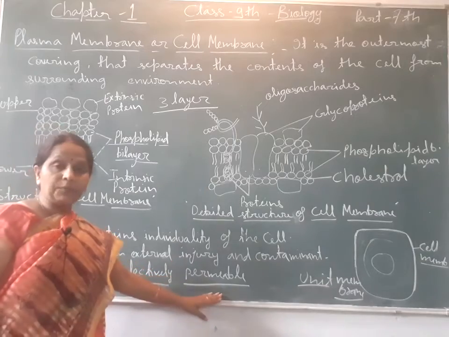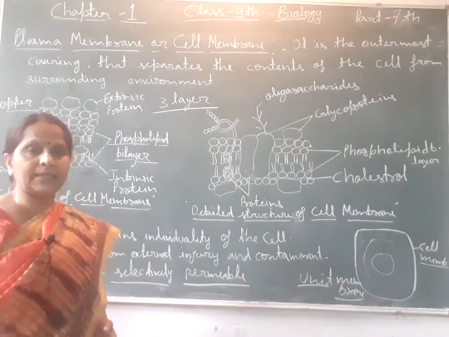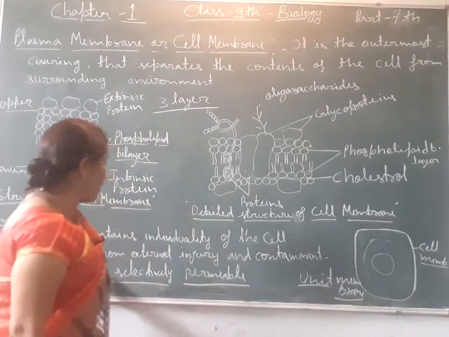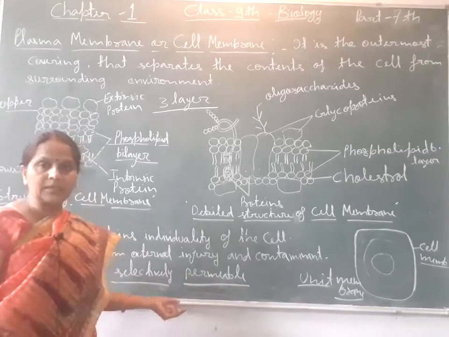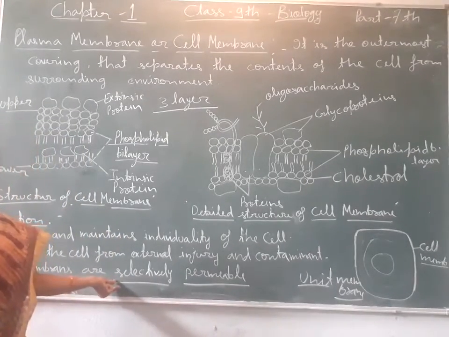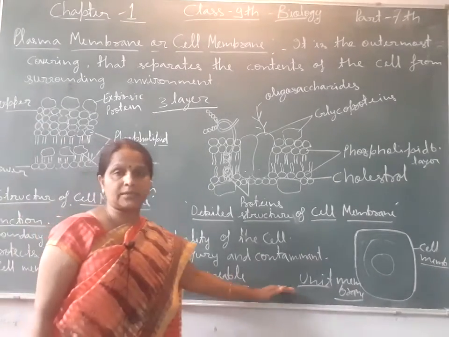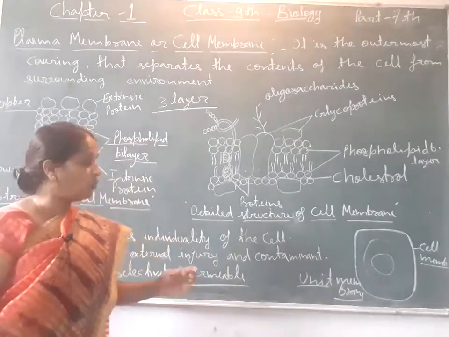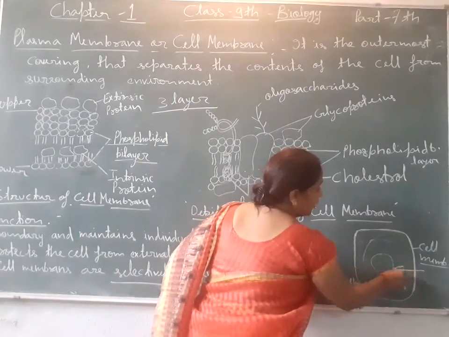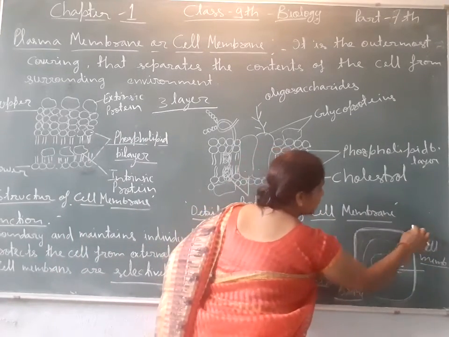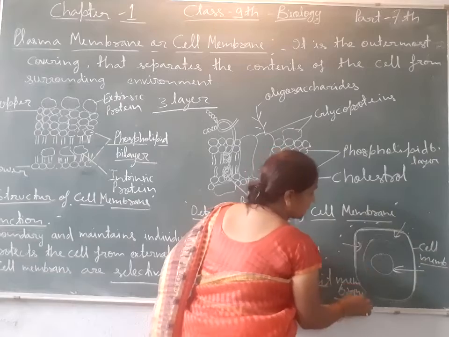Selectively permeable means it does not allow all molecules, ions or substances to pass through the cell membrane. It is a special characteristic of the cell membrane. Due to this, no substance from the external environment can pass through the cell membrane freely.